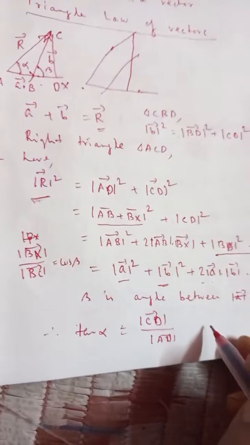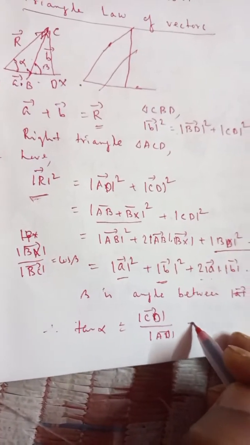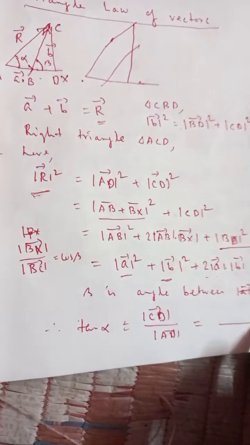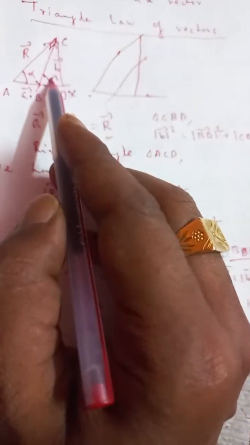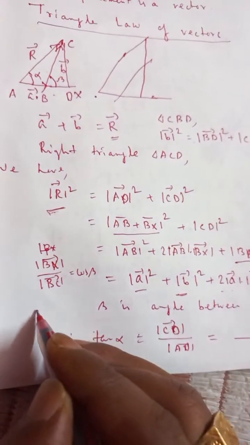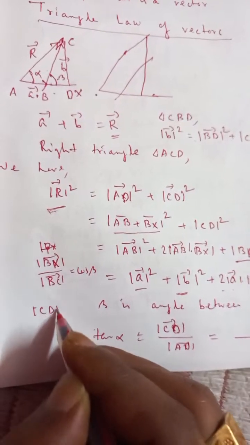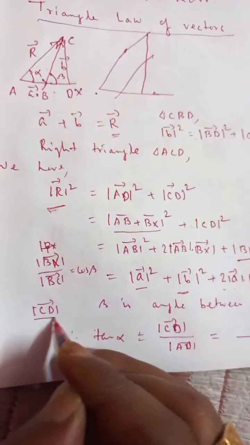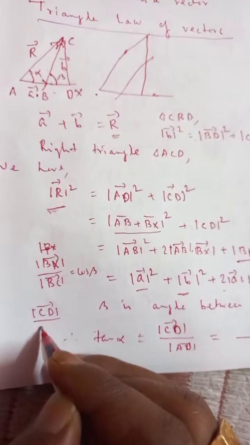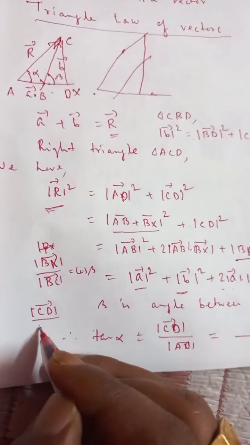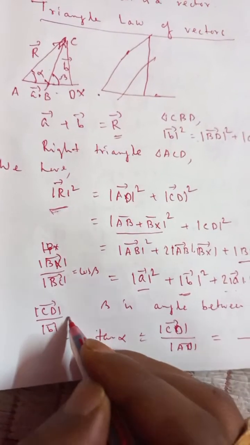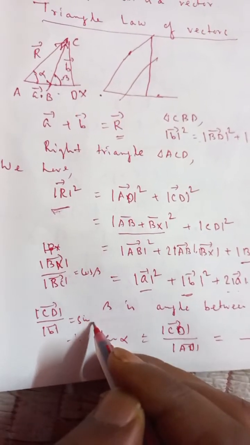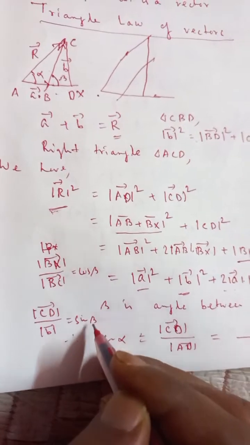So CD is equal to actually, again if we include this right triangle CBD, we have mod of CD vector by mod of B vector is equal to sin beta.